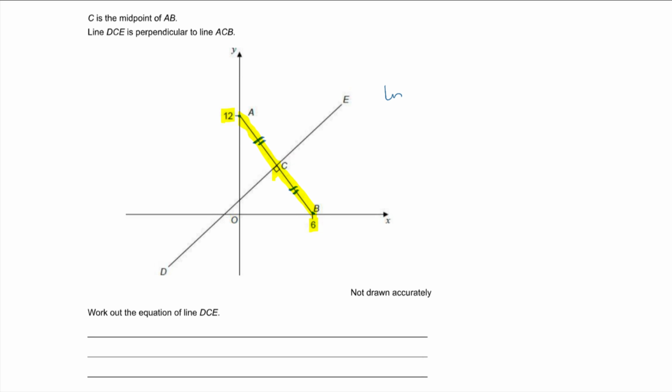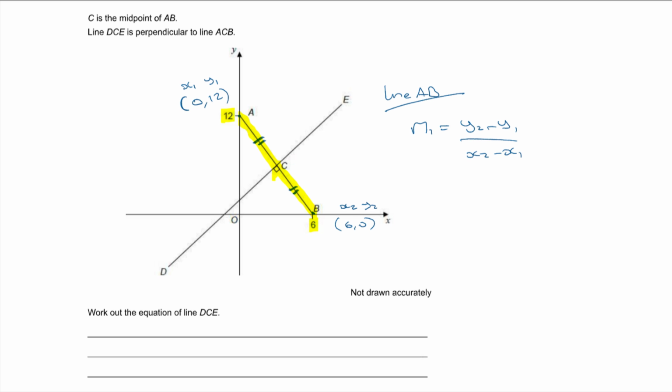For the line AB, then M1, the gradient, is going to be y2 minus y1 over x2 minus x1. Now remember this point down here was 6, 0, and this point over here was 0, 12. So this could be my x1, y1, and this could be my x2, y2 coordinates.